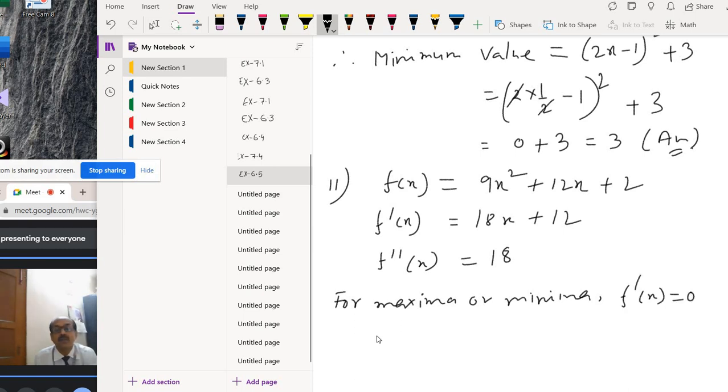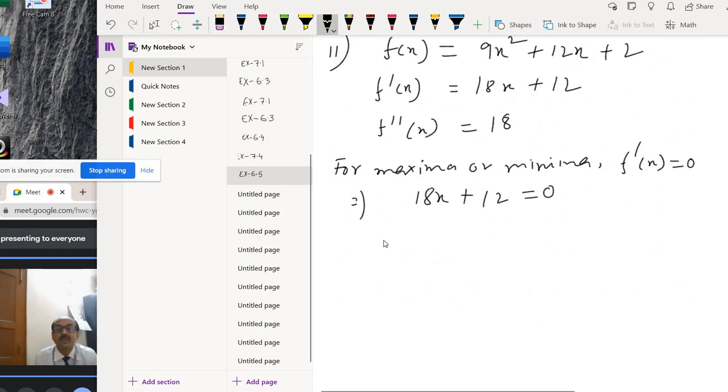So apply this condition: 18x plus 12 equal to 0. Okay, so now x equal to minus 12 by 18, that is minus 2 by 3.